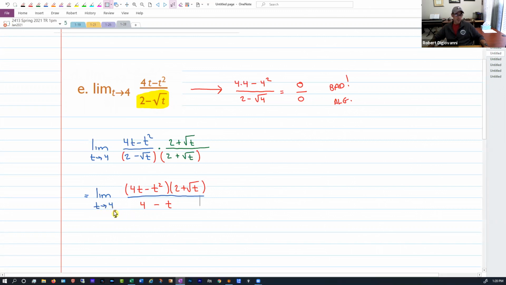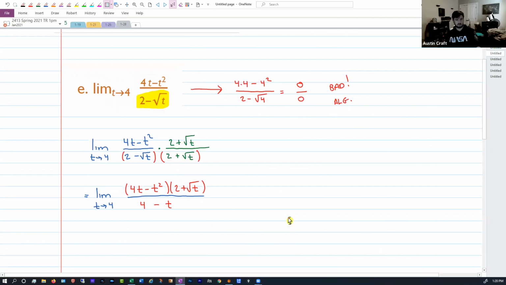If you try and plug 4 in, you're still going to get 0/0. It's still going to be bad, all right? So is there any algebra that I could do now? And by the way, I was taking Benjamin's suggestion of doing the conjugate here, but I never said this is going to work, okay? We're going to learn whether or not this works.